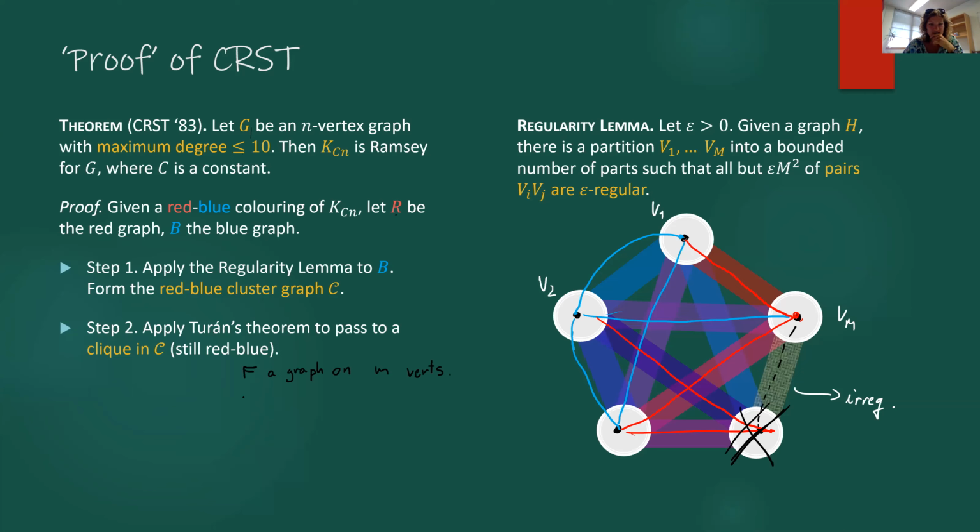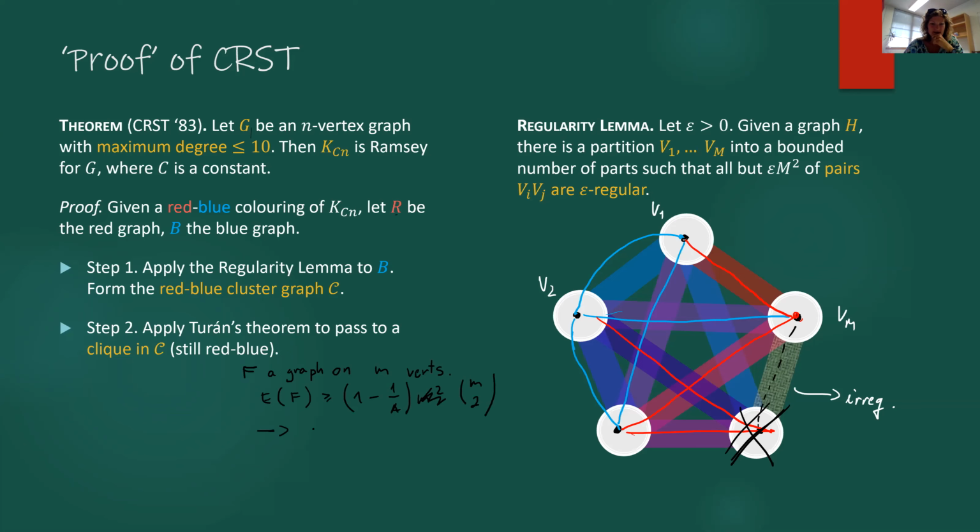And say that the number of edges in F is greater than 1 minus 1 over A. So it contains all edges but this small proportion.